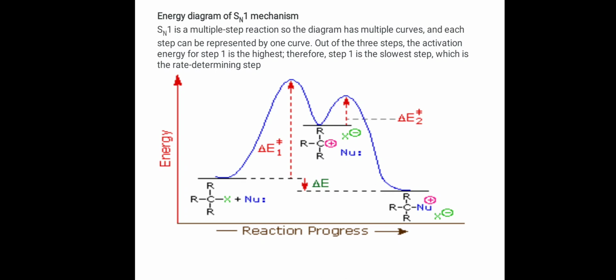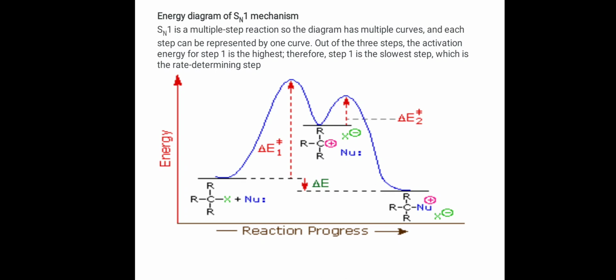First step, see the structure. Energy is on the y-axis and the reaction progress is on the x-axis. At the bottom left, the alkyl halide is a tertiary alkyl halide. When the leaving group leaves, a stable carbocation is formed.